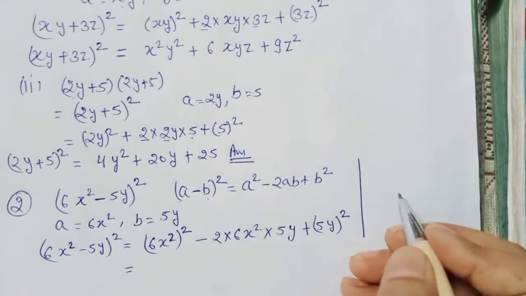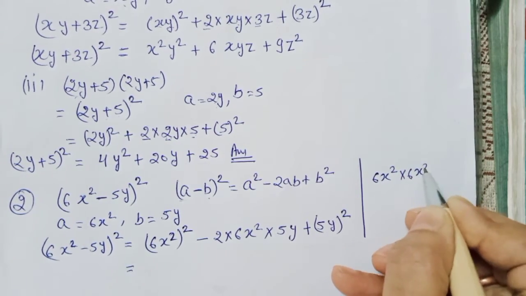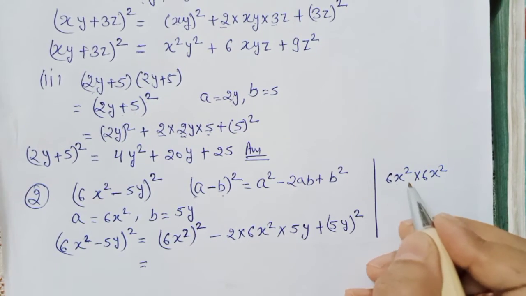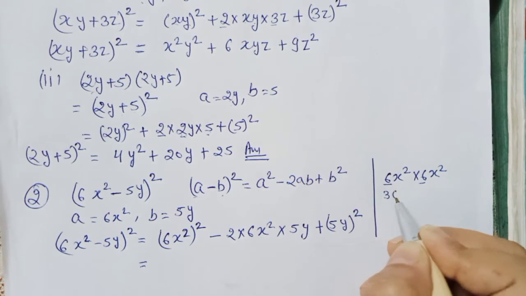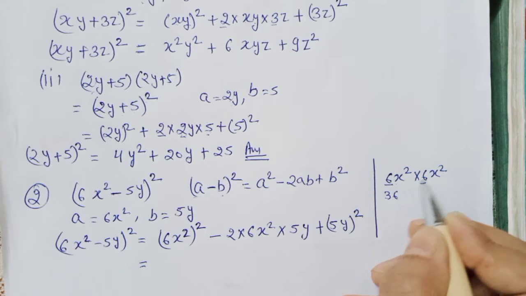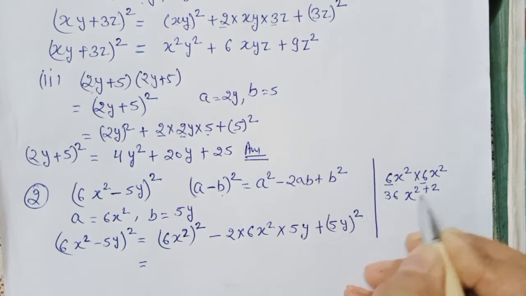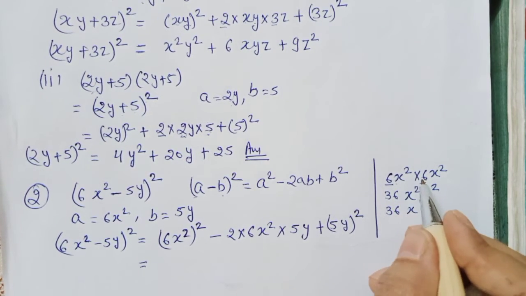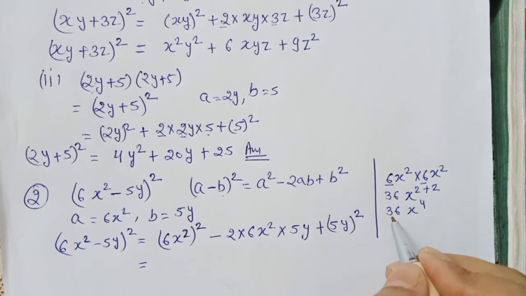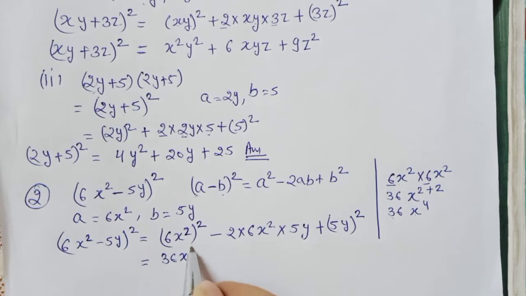Let me explain how you will square 6x square. (6x square) square means 6x square multiplied by 6x square. 6 into 6 will become 36, and when we multiply variables which have the same base, we have to add the exponents. So we can write 6x square multiplied by 6x square as 36x to the power 4.